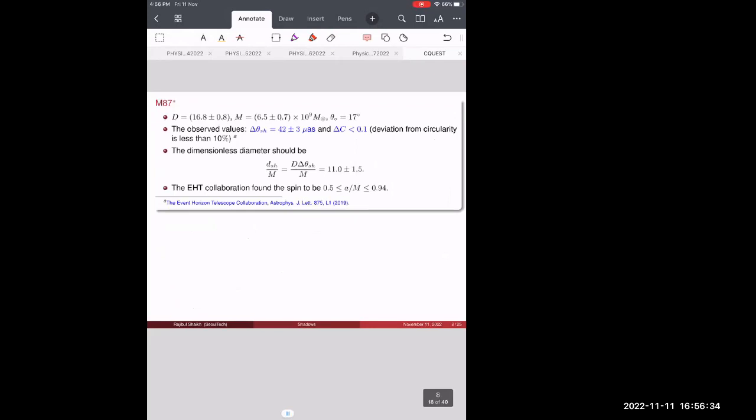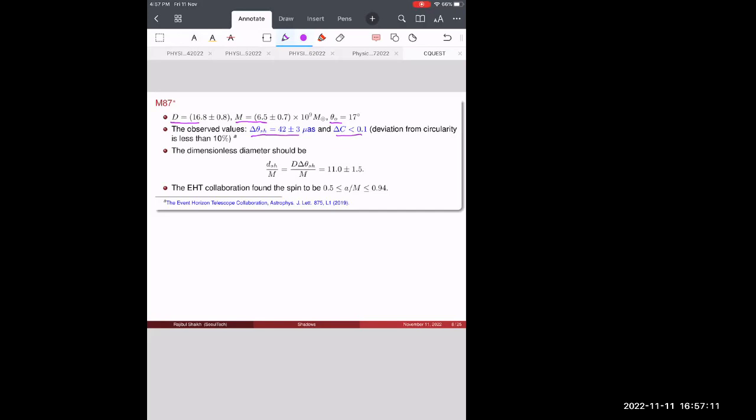Now let us talk about the observed values of these parameters for M87 and Sagittarius A star. For M87, the distance is given by this, the mass of the central object is this, and the inclination angle is 17 degrees. According to the EHT collaboration, the observed angular diameter of the shadow is 42 plus minus 3 microarcseconds, and the deviation from circularity is less than 0.1. That means the deviation from circularity is less than 10%.